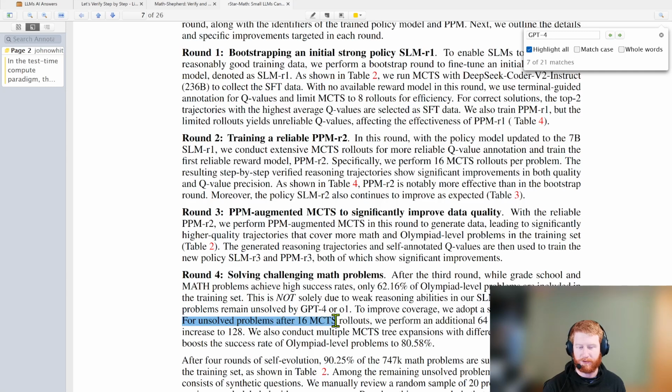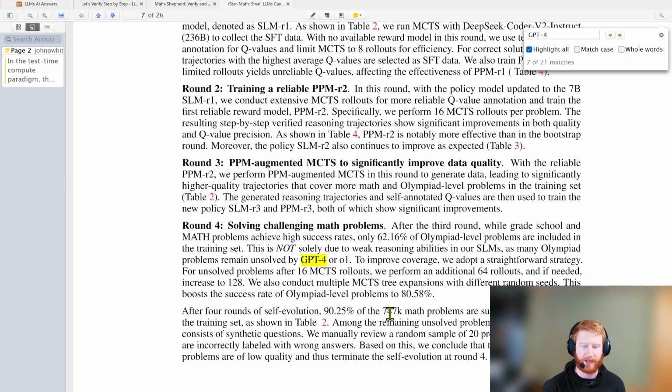And for the ones that we don't solve after 16 rollouts, let's just do 64 rollouts or 128 rollouts. So we can try searching more and more using our policy and our process preference model to steer to the promising looking trajectories and hopefully eventually find some solutions to these hard problems, right? And then we're going to be able to train on those and boost our success on these extremely tricky problems.